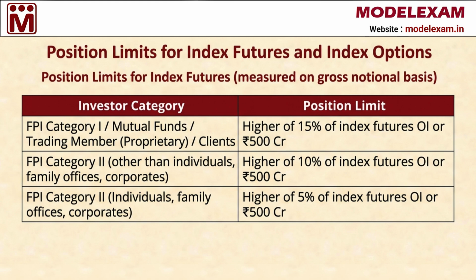For category 2 foreign portfolio investors, excluding individuals and family offices, the limit drops to the higher of 10% or rupees 500 crores. Finally, for category 2 individuals and family offices, it is even tighter, set at the higher of 5% or rupees 500 crores.